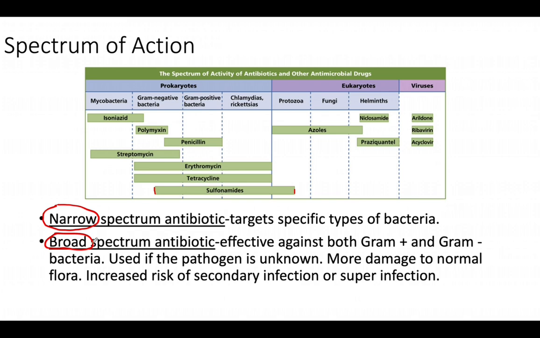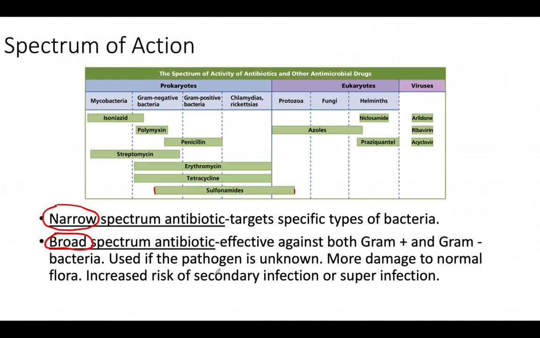There are some things that might not jump immediately to your head when we talk about broad spectrum. It sounds like that's going to be a really helpful antibiotic because it's useful against a wide range of bacteria. But one of the problems is that when you use it, not only will it hopefully negatively affect the microbe that's making you sick, but it can also affect those microbes that live on and in us. We call that the normal flora, or the normal microbiome, normal microbiota.